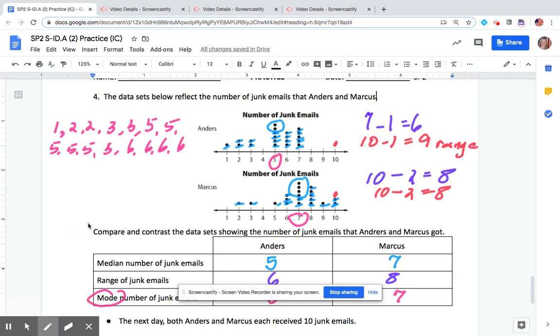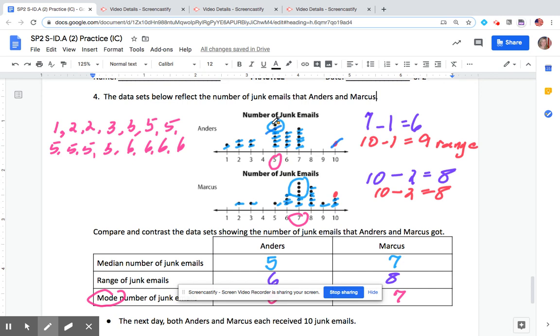All right, so the median, we've really got to figure this out. What this means is that my high data value for Anders is now a 10. And then to offset that, I have to cross off one of the low ends.